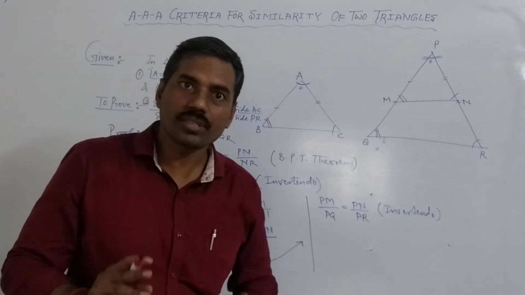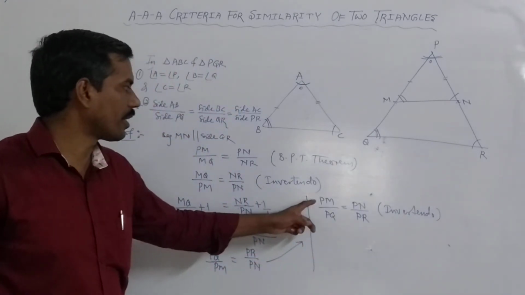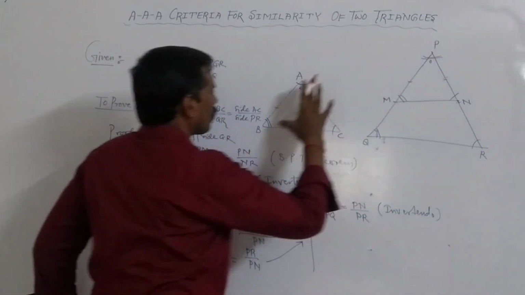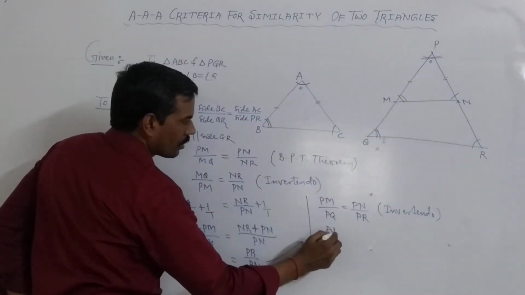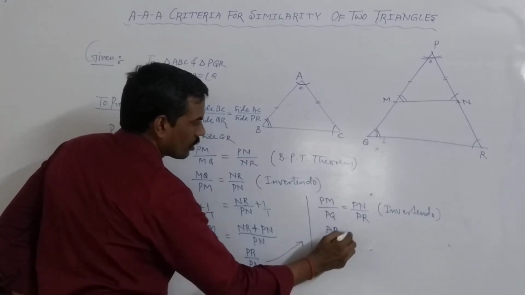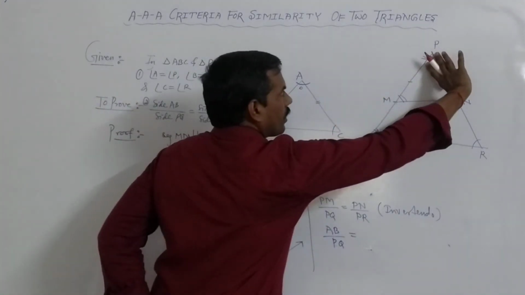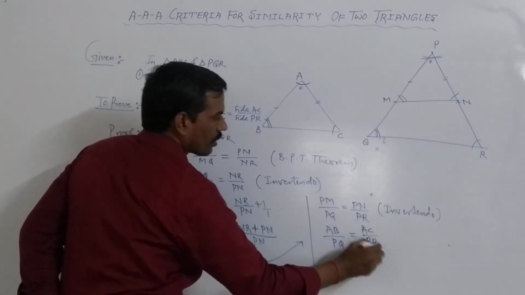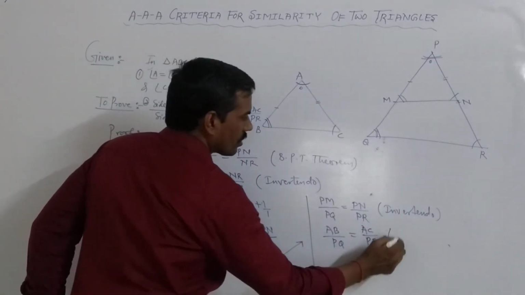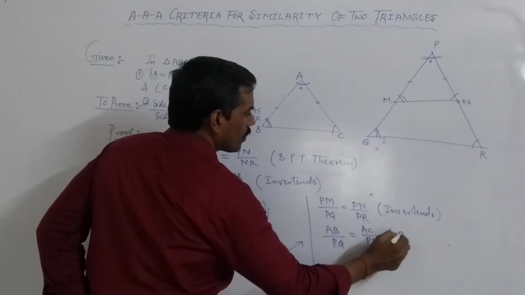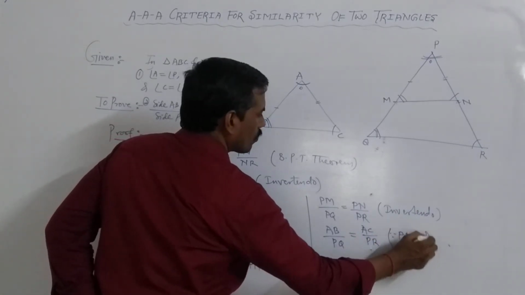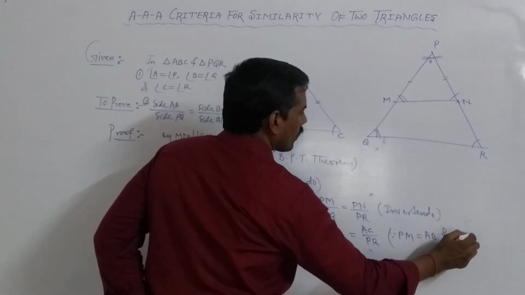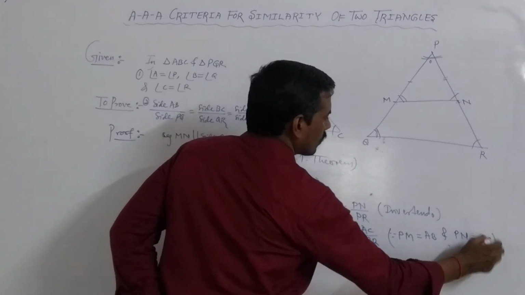And using our construction, PM is equal to AB and PN is equal to AC.